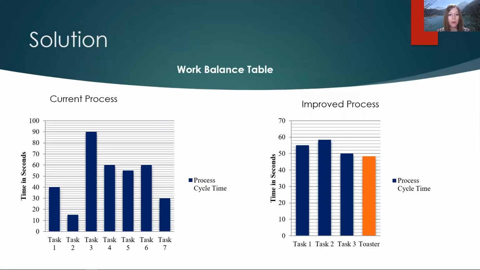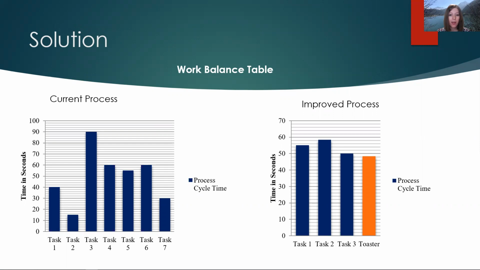You can see here where we have improved that process. Here's the old chart to remember, as well as the new, and you can see that we're much more even across those different tasks, and we are below our takt time on all of the tasks, really creating great benefit and improvement for our process.